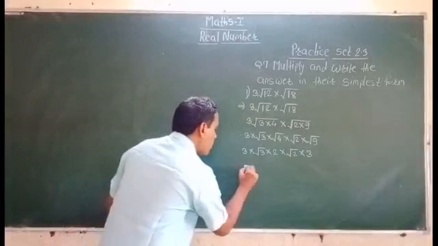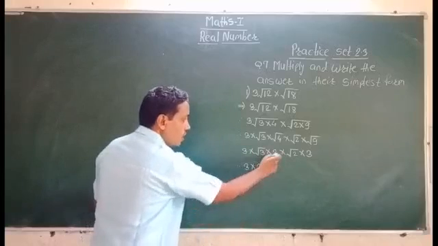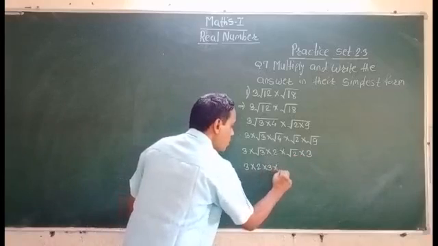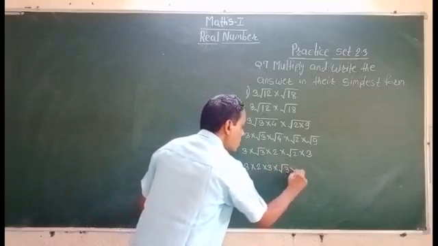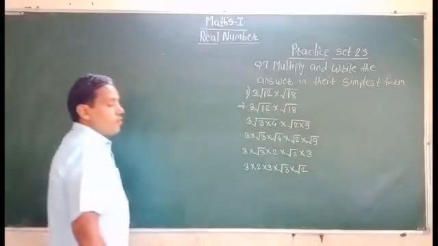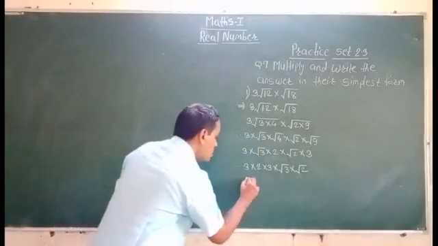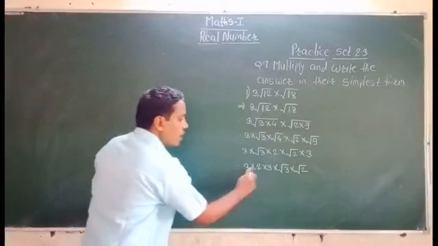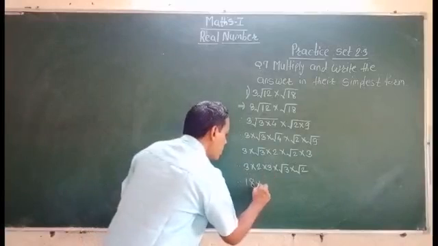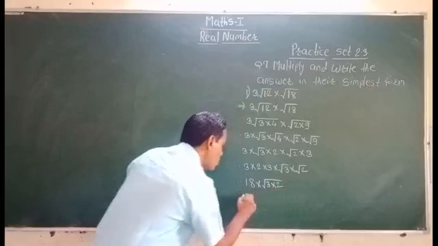So therefore we write 3 into 2 into 3 into surd 3 into surd 2. We get the product of 3 into 2 into 3 is 18: 3 into 3 is 9, 9 into 2 is 18, into inner surd is 3 into 2.